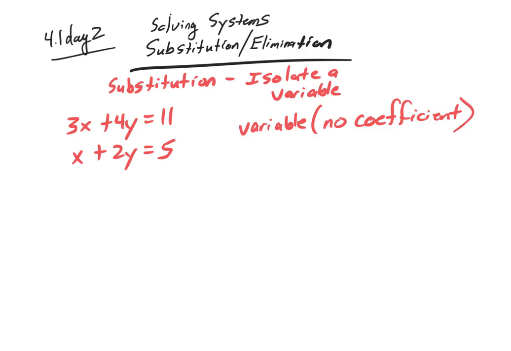And that means it has a number in front, right? So like here, the x has a 3 in front, the 4y, the 2y. The only one that does not have a coefficient is the x on bottom. So that's the one we're going to choose to try to get by itself. So that means I want to get x by itself. What would I have to do to get rid of the 2y? Subtract it.